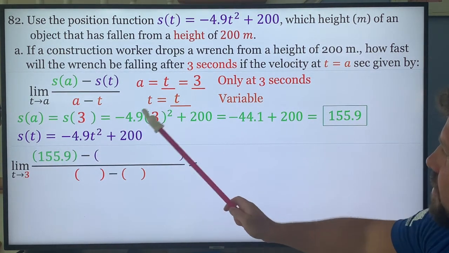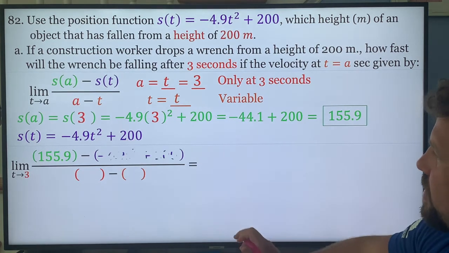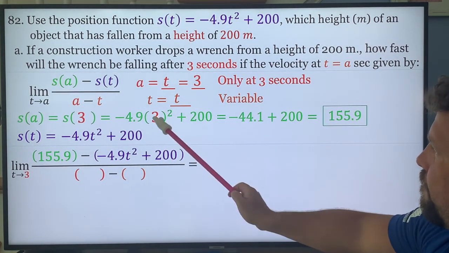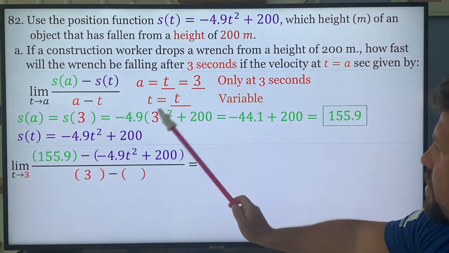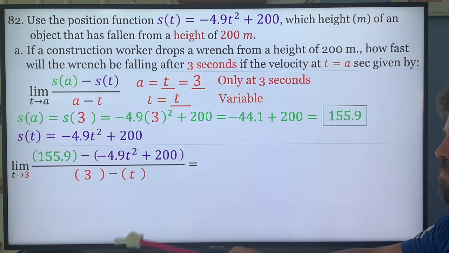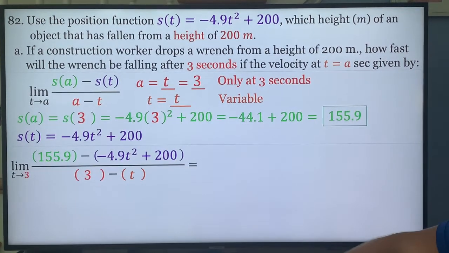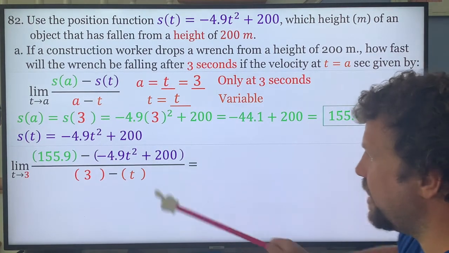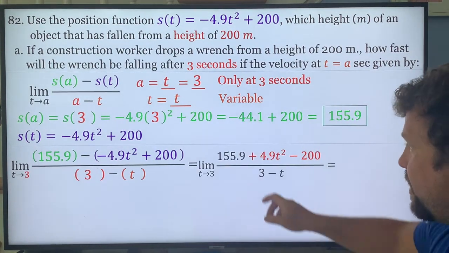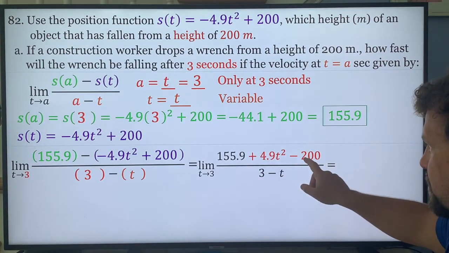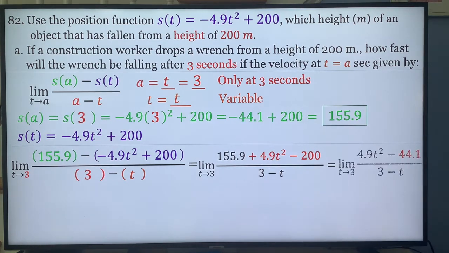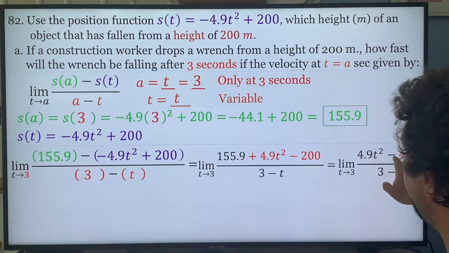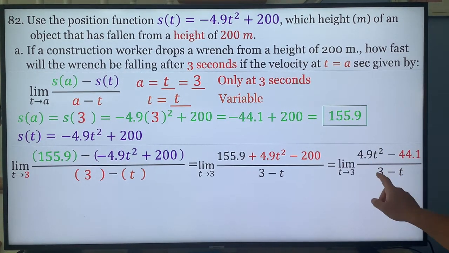Plug in your S of A. Plug in your S of t. Plug in your A. Plug in variable t. Distribute the negative. Subtract the 200. 4.9t squared minus 44.1.